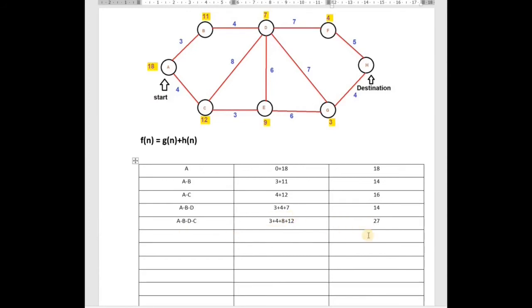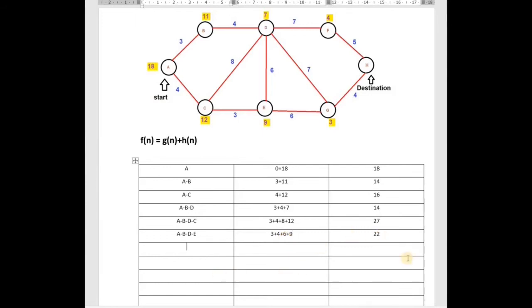Next I will go for A, B, D and E. What will be the values? 3 plus 4 plus D to E, I am getting the cost of 6, plus the heuristic value of E, which is 9. So I am getting the total cost of 22.